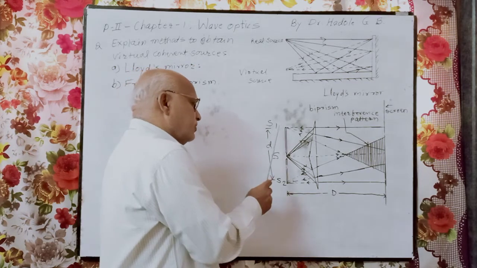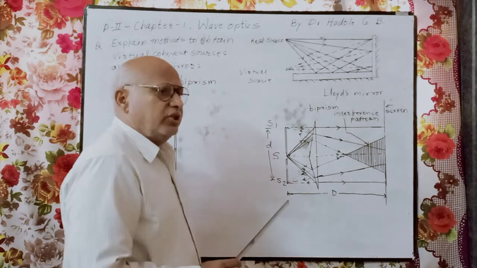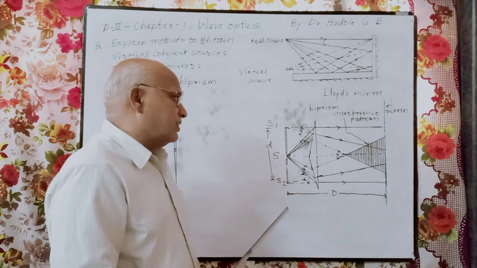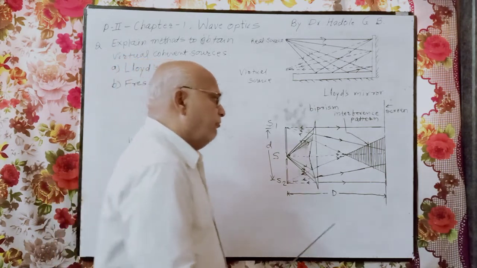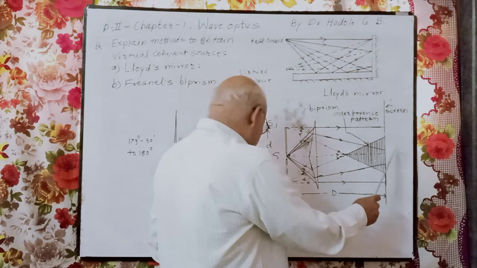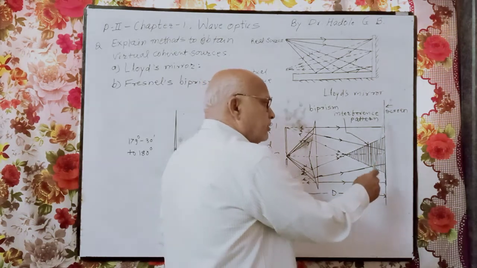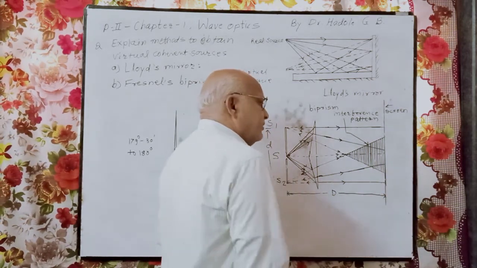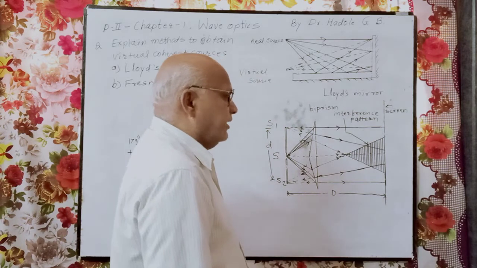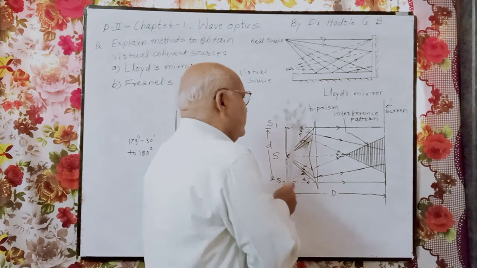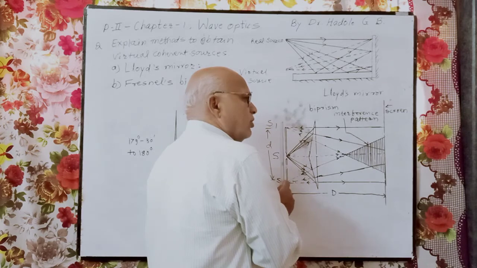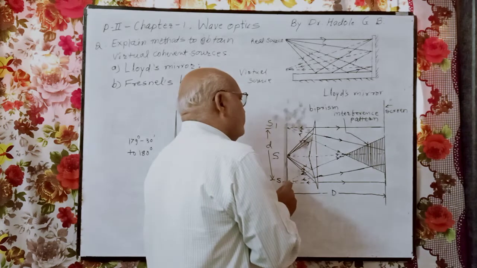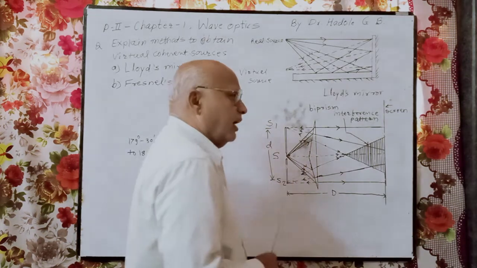So this S1 source and S2 source are virtual sources. And when the interference pattern is observed through the eyepiece or by the eye, it seems that this interference pattern is being formed due to these two sources of light.